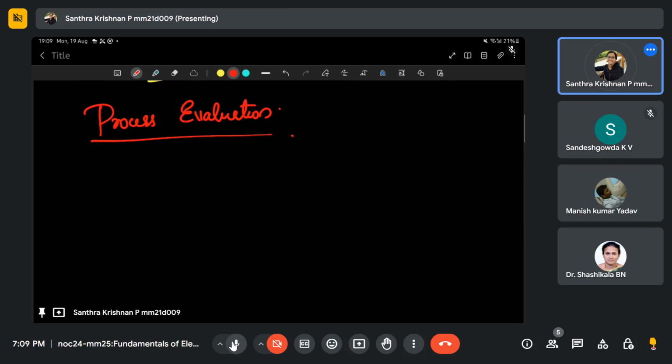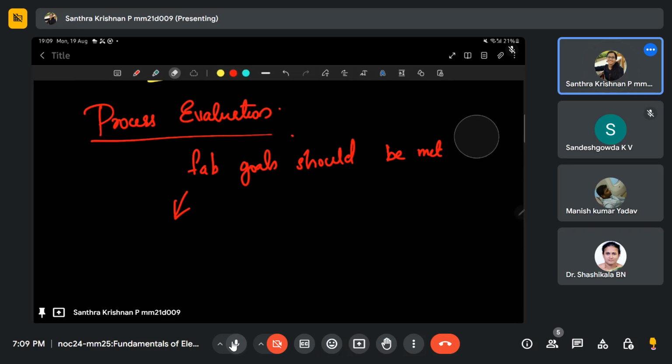Basically, process evaluation means that in process and device evaluation, the fabrication goals, fab goals, should be met, which means that every device you have manufactured will have something known as a process window.